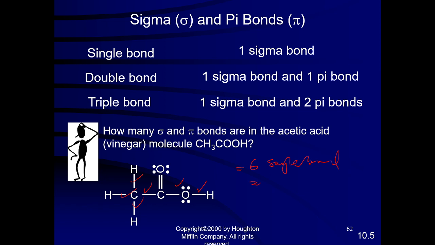Note that all single bonds are sigma. Then we go to the double bond. How many double bonds? There is one double bond. One double bond is formed between one sigma and one pi. So since there are 6 here and 1, the sigma bonds are 7, and the pi bond is only 1.